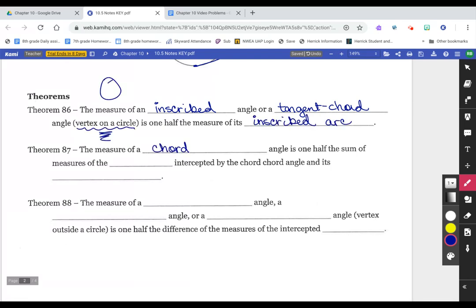You have your inscribed angle that looks like this, or your chord-tangent, which if you had a chord there, the tangent would go there, so we're looking at that angle, is 1/2 the measure of its inscribed arc.